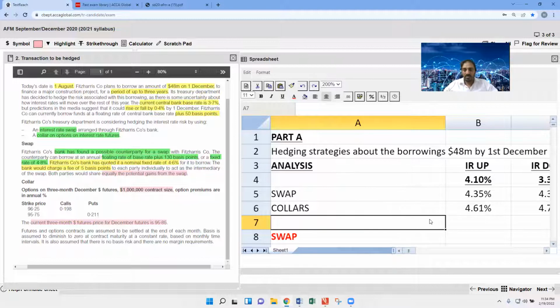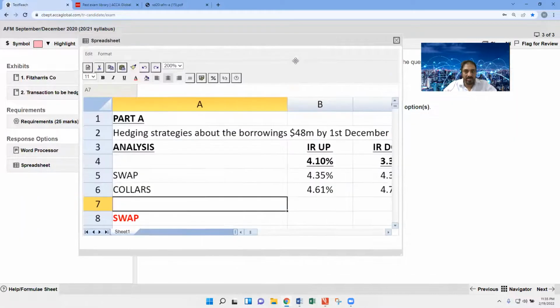And that is all about the calculation perspective here.